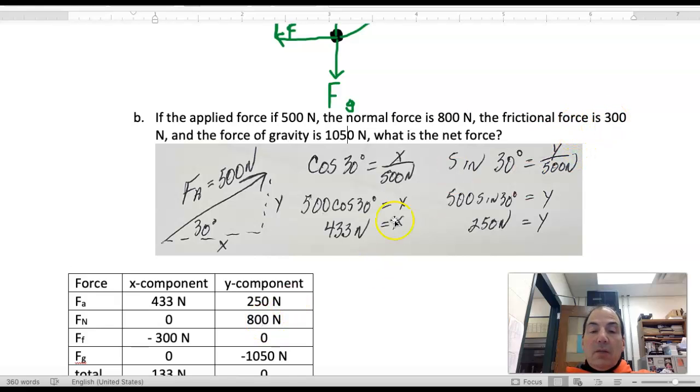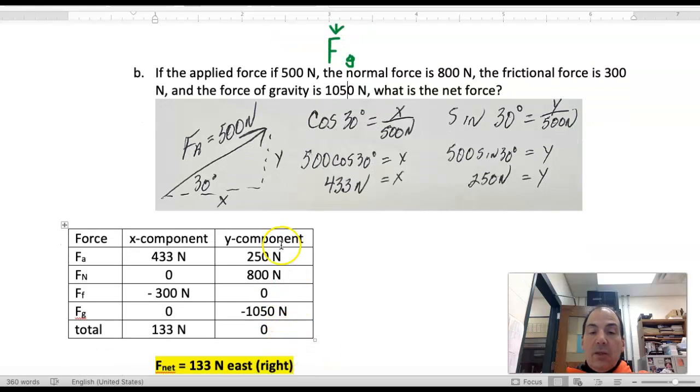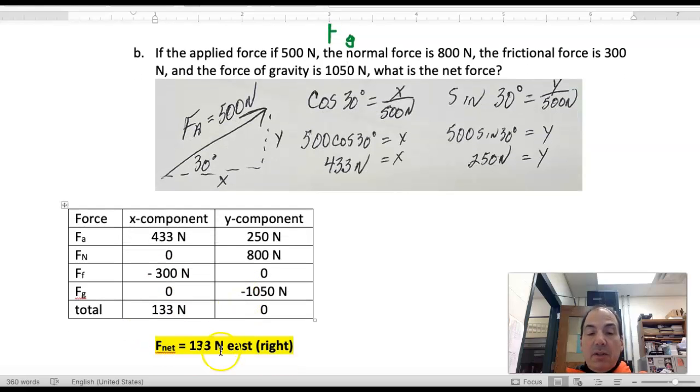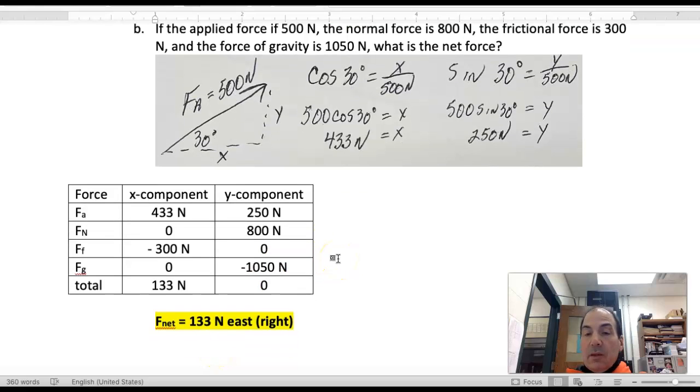The frictional force is 300, but again, it's to the left. It's a negative x. And gravity is down, that's negative y, 1050. So again, this side adds up to be 0. We're going to see that happen a lot. And on this side, 433 and negative 300 gives me 133. Again, I got a positive answer, so my net force is 133 newtons to the east or right.